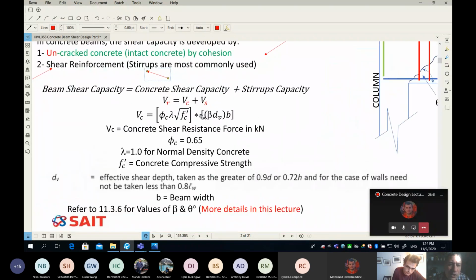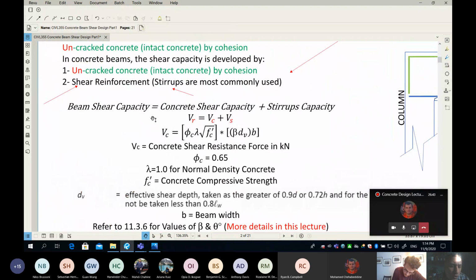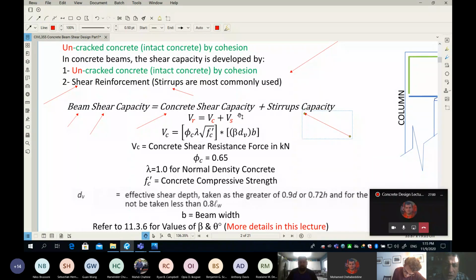Now, in my equation before, when I talked about shear capacity in slabs, there's only one component, which is concrete shear capacity. Today, when I'm talking about beams, you can see there's another term here, which is stirrup capacity. And then finally, your total capacity will be adding them together.